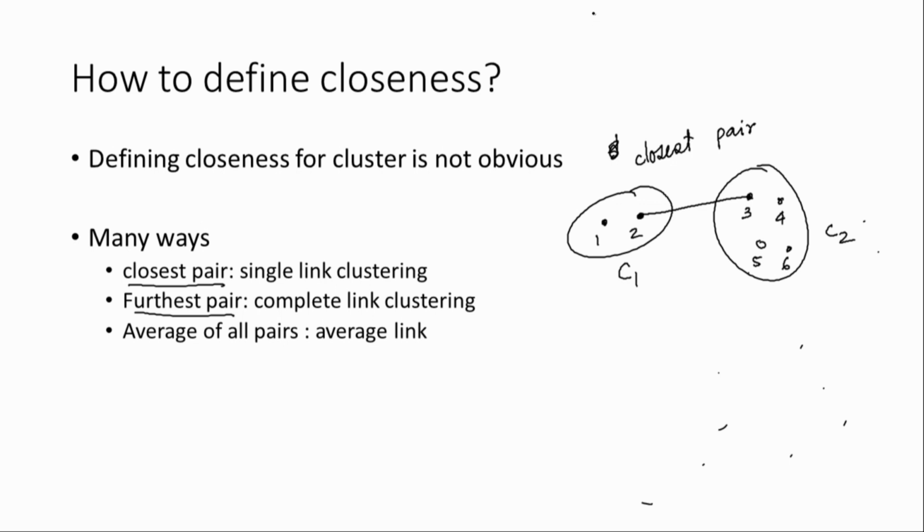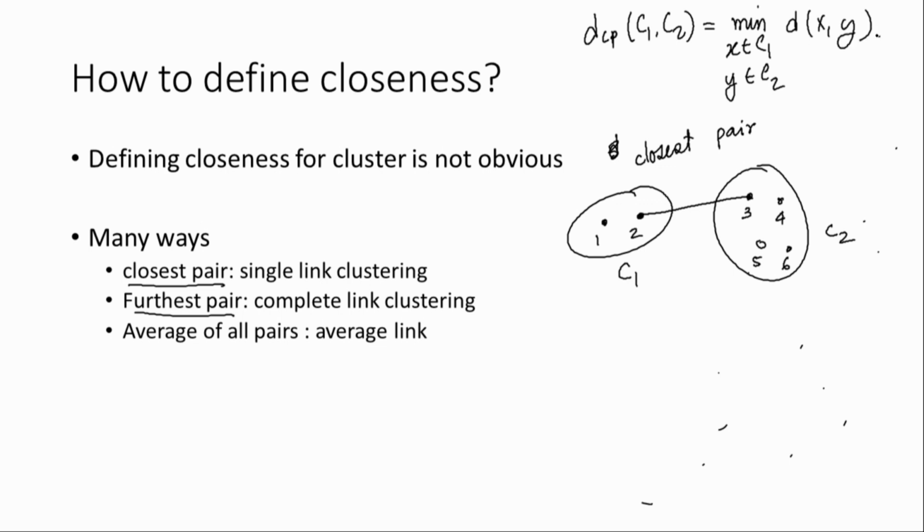So formally, the d closest pair between C1 and C2 is defined as min of x belongs to C1, y belongs to C2, d of xy.